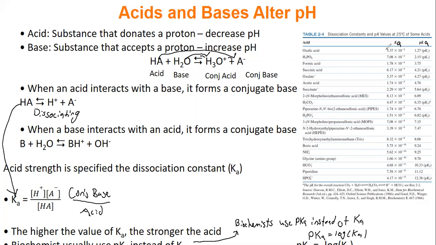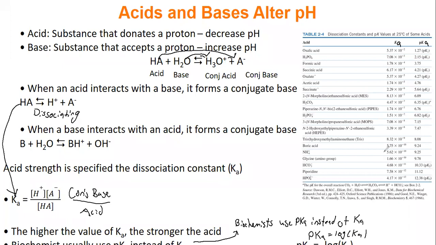So our strongest acid on our table, oxalic acid, is 5.37 times 10 to the minus 2, or a pKa of 1.27. So it's a lot easier to just say 1.27. And NH4 is 5.62 times 10 to the minus 10. It's way easier to just say 9.25 when talking about strength.